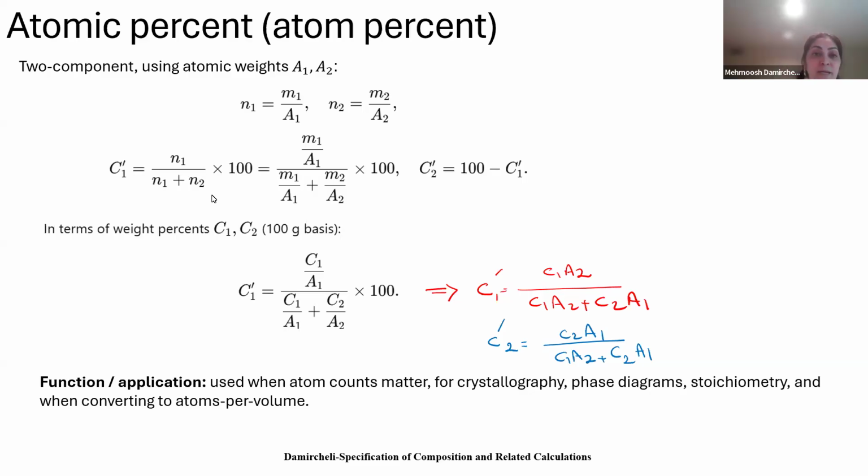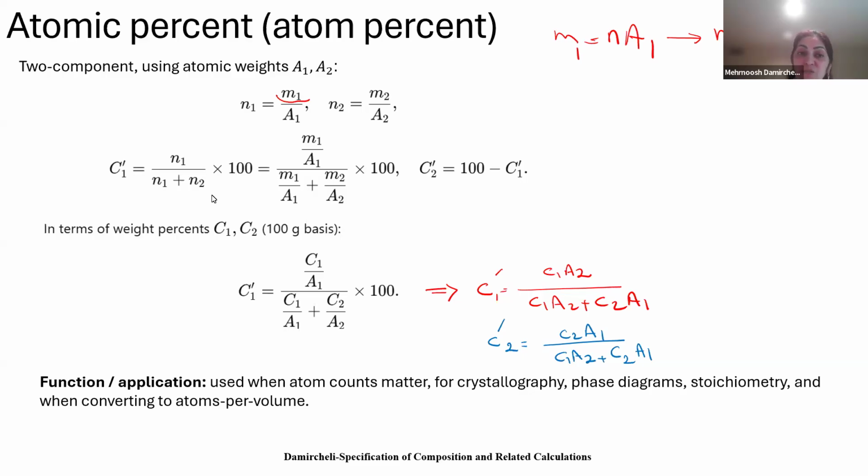For example, if the mass of component 1 is M1 and its atomic weight is A1, you know that mass is number of moles times atomic weight. So the number of moles N1 should be M1 per A1, and N2 is M2 per A2.